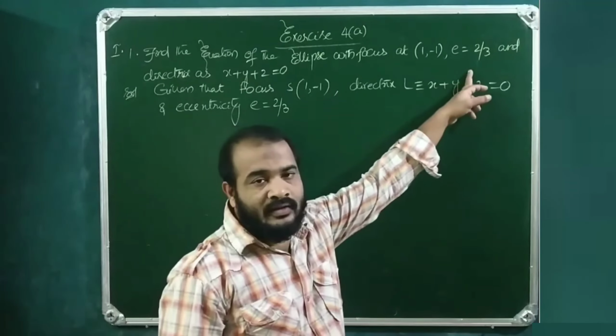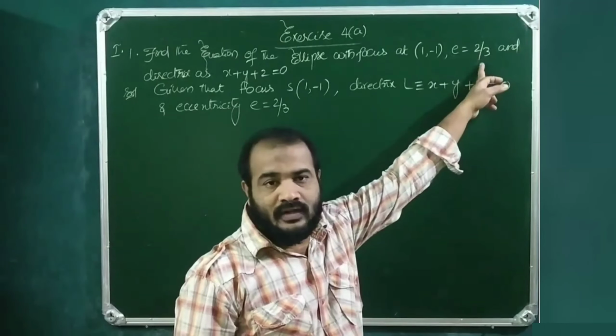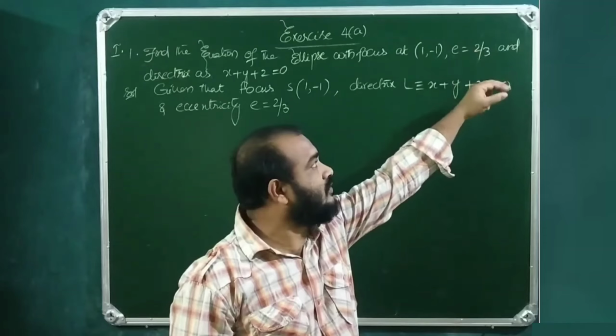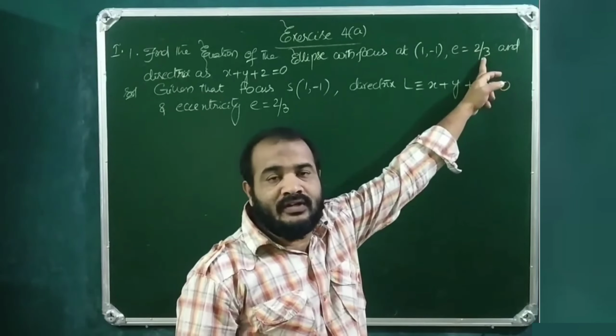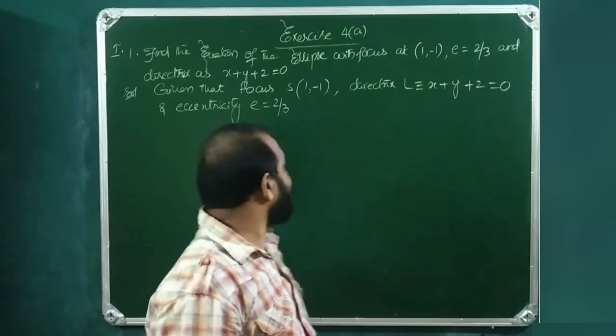If you divide, we get approximately 0.6, which is between 0 and 1, so e is less than 1.